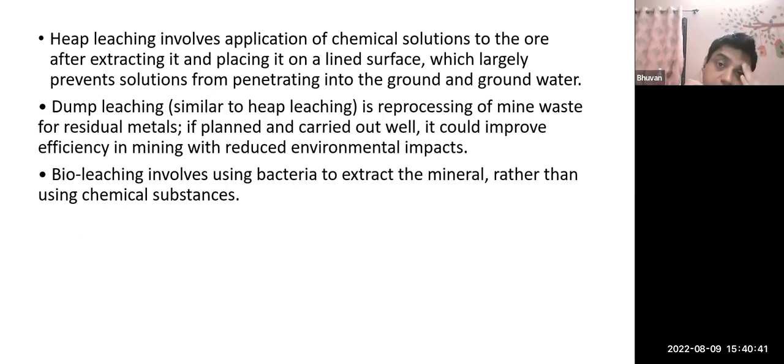It is very similar to the heap leaching process, and in that the mining waste is reprocessed so that the various metal scraps or residual metals present in it can be extracted. So basically it is a reprocessing technique, and the environmental impacts are reduced in this case.